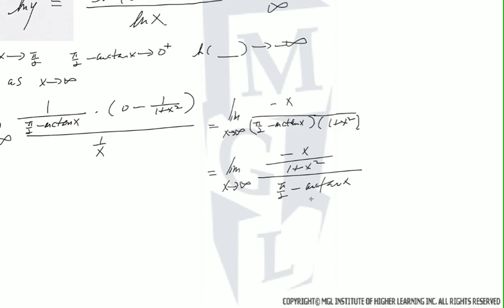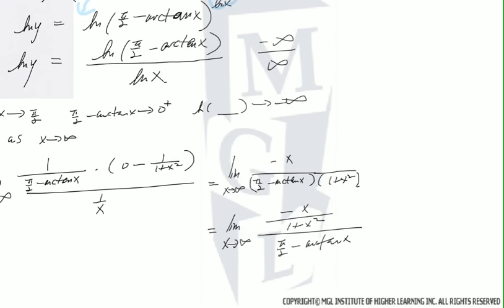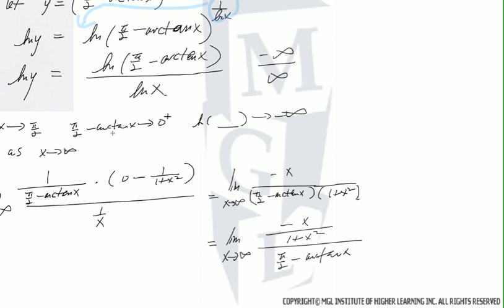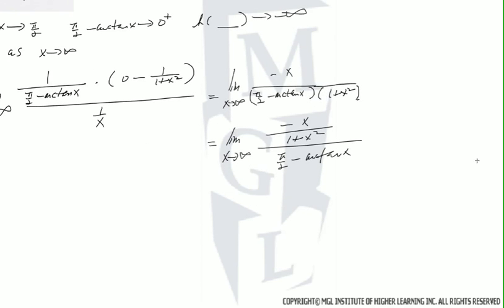Now as x approaches infinity, the denominator is approaching 0 for the same reason I gave above. Right, so pi over 2 minus arctan x is approaching 0. Now as x approaches infinity, this expression here is also going to approach 0, because the degree of the bottom is higher. Now we have another form where we can use L'Hopital's rule, and let's do that.